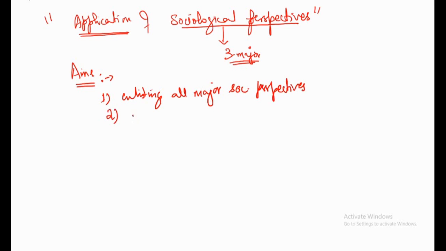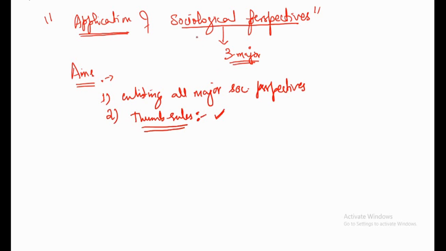Second, I will be giving you some thumb rules so that you can better comprehend what sociological perspective means in day-to-day life. So that whenever a question comes, say on any topic of current affairs, you will be able to write on that question from different perspectives, from different points of view.